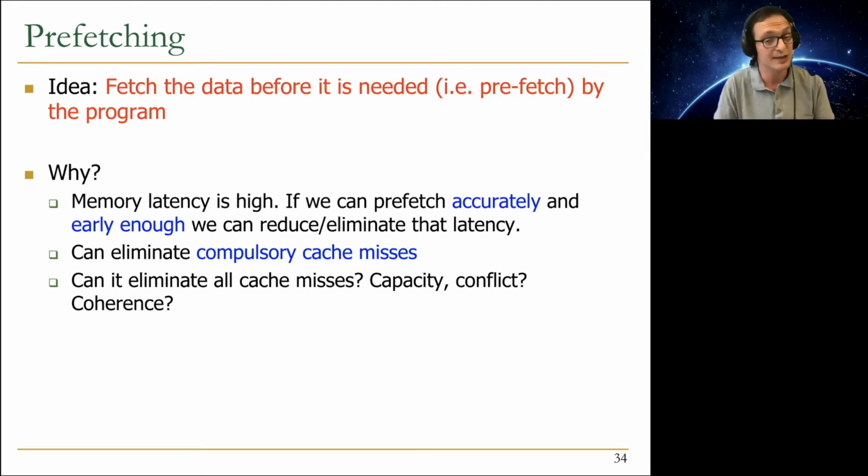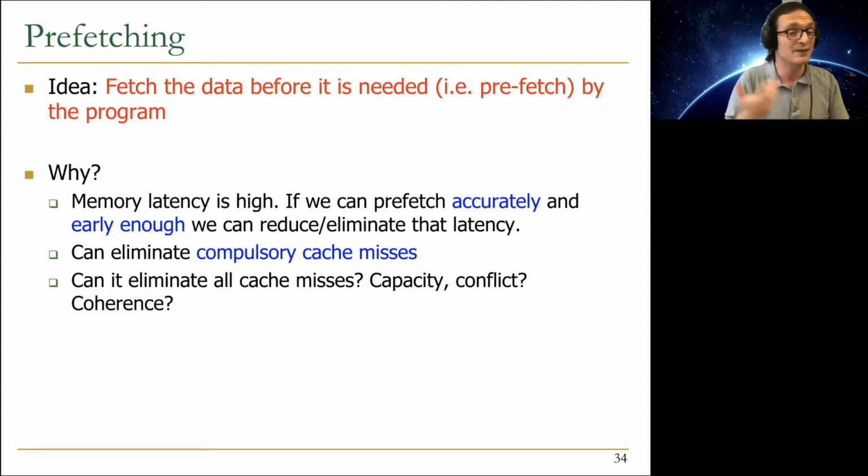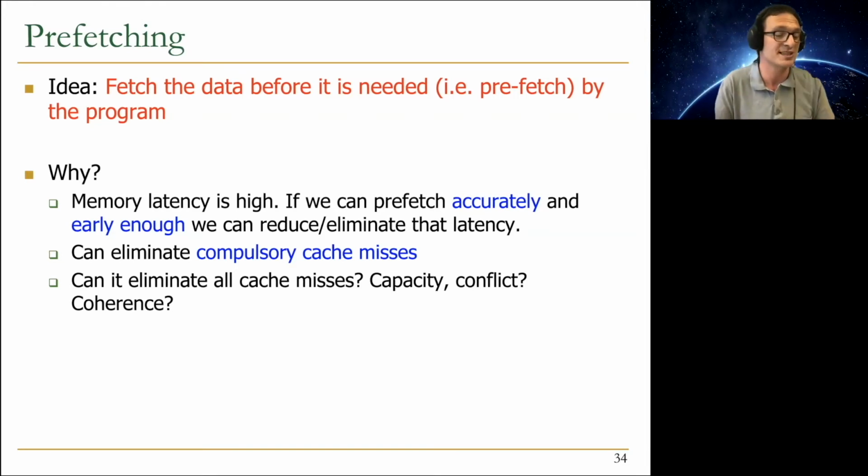As long as you can do that, then you can eliminate any kind of miss, including coherence misses, because you may have lost the data in your cache because some other processor needed to write to it. As a result, it invalidated your block. But then in your next reference, if you can predict that you're going to reference the cache block again, you can bring it into your cache before it's needed. So all of those misses can be eliminated.